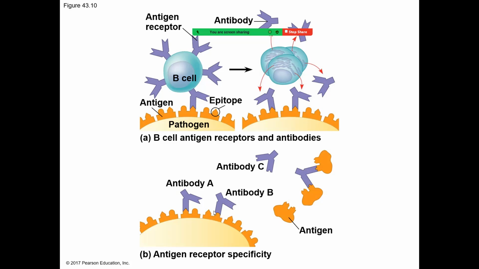Antibody B is specific to the rounded area. Antibody C is specific to something else, right? So not on this particular bacterial cell at all. So each antibody has one specific target, and that target is called an epitope on an antigen, which could be something that could become pathogenic.